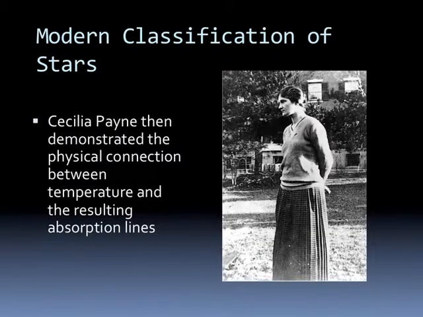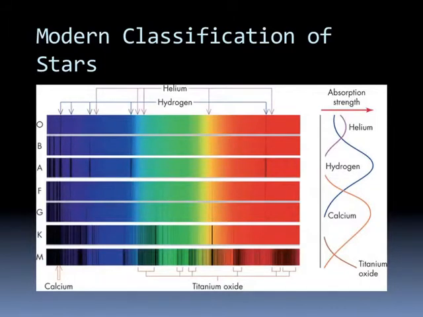Cecilia Payne then demonstrated there was a physical connection between temperature and the resulting absorption lines. So if we look at the spectra for different stars, this is an O-type star, B, A, down to an M-type star, you see that the spectra are different.